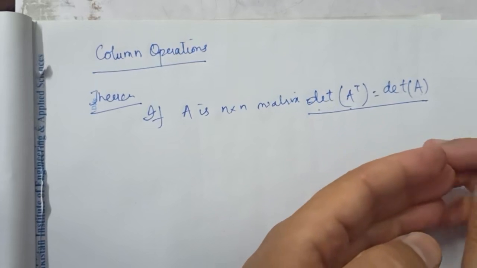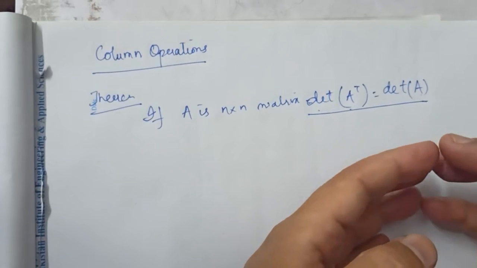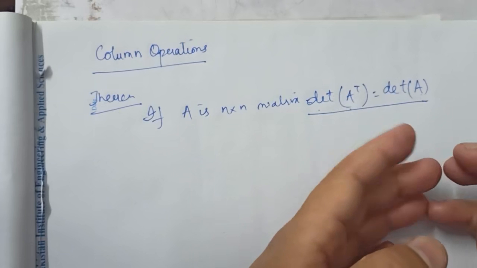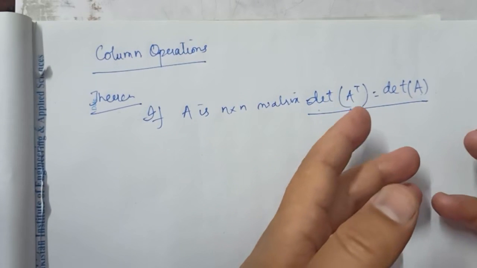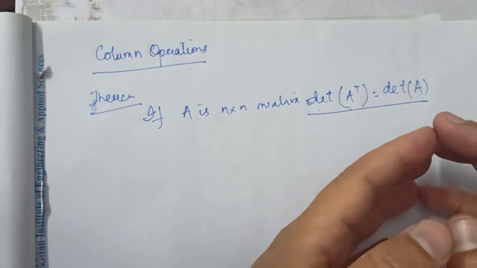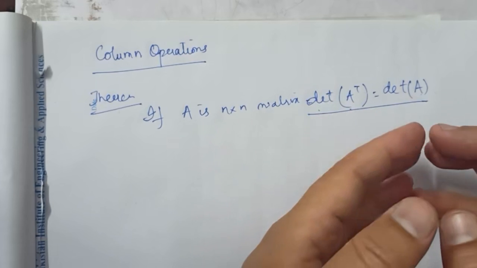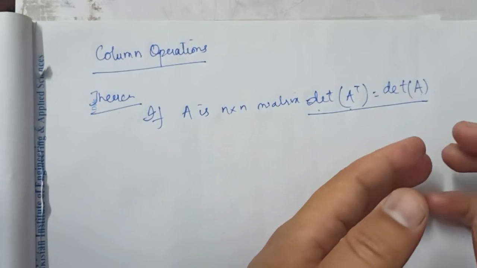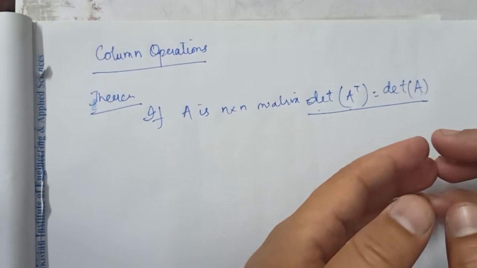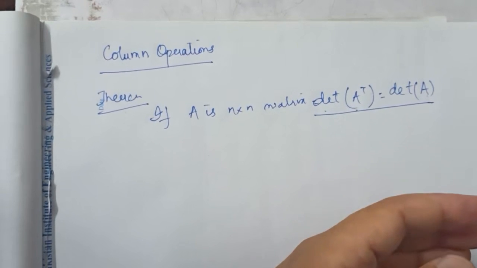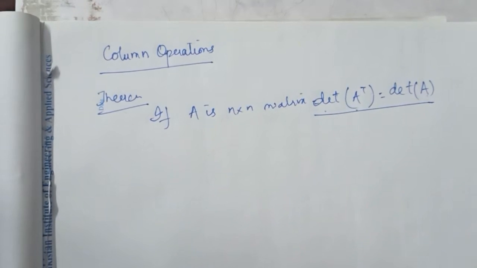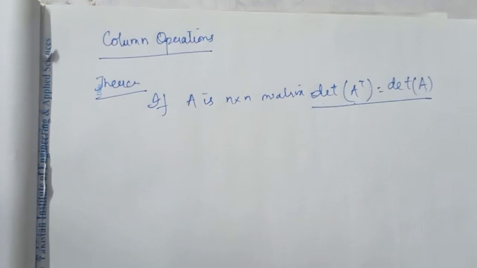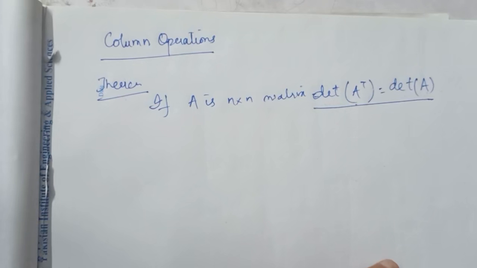And again, if you multiply any row with k, the determinant is k times the determinant of A. Similarly, if you multiply a certain column with k, the determinant becomes k times the determinant of A. So if you do column operations in a matrix, it will follow the same set of properties, all right?